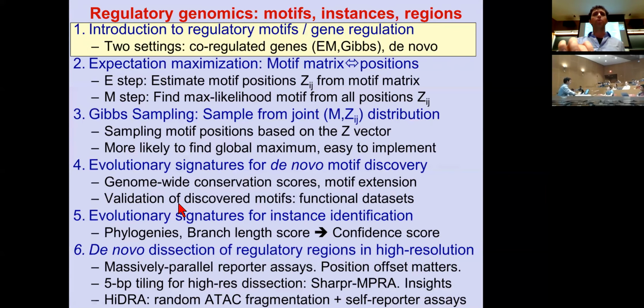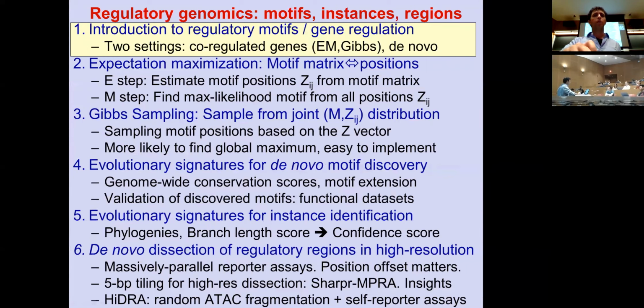And part 4 is going to be about finding these instances. Actually, number 5 is going to be finding these instances. And number 4 is going to be about exploiting many of these instances together, regardless of who the regulator is, to learn regulatory motifs de novo. So basically an experimentally driven technique and an evolutionarily driven one.